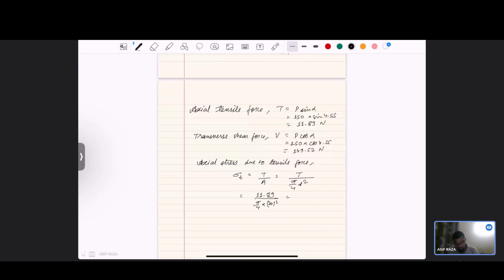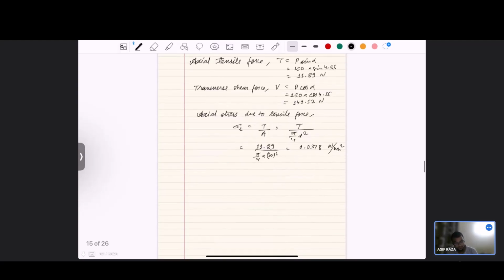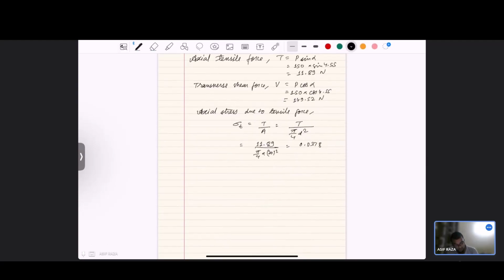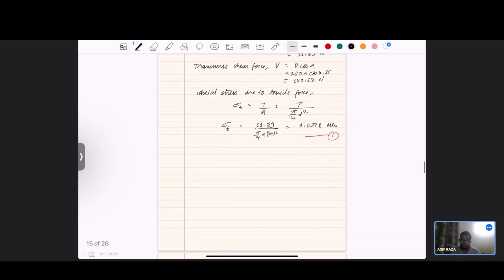Let us calculate this. This is 0.0378 Newton per mm square, or I'll write it as megapascal. So this is a normal stress, right?